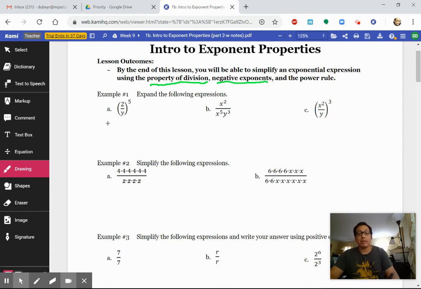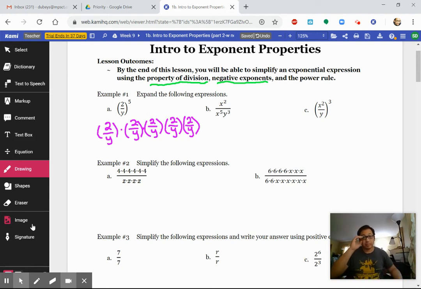So if we were going to expand this out, it would be 2 divided by y, times 2 divided by y, times 2 divided by y, times 2 divided by y, and there should be a fifth one, 2 divided by y. I have to group these a little bit tighter next time. That's just expanding it out, and it just says expand, so that's all I'm saying here.